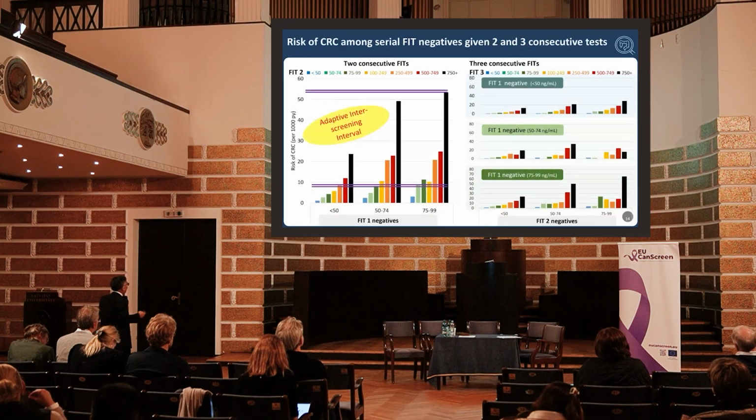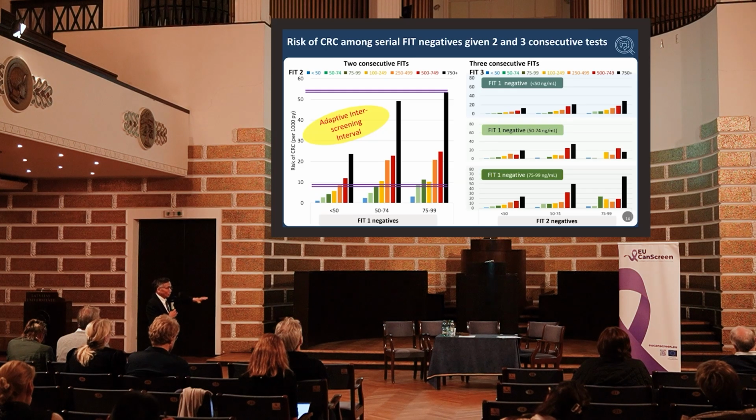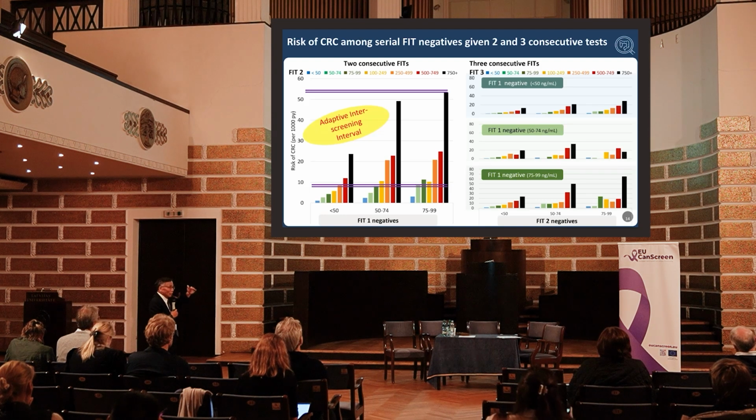In terms of CRC risk, they show the same gradient relationship here. Among those negative by concentrations, even the two-test negative still shows the gradient relationship. And on the right side, you see three consecutive tests, stratified by the first negative result concentration and the second negative result concentration. You can see the gradient relationship there.